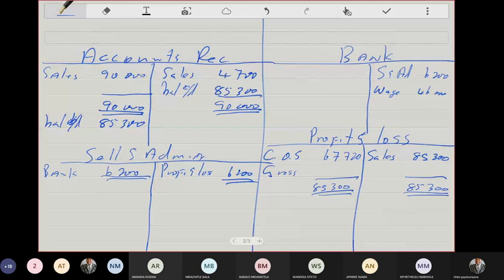Therefore, the gross profit that we have is 17,580. If you like, you can call it balance carried down or balance brought down. Gross profit again this side 17,580. Then that's when we can bring in the selling and admin of 6,200.